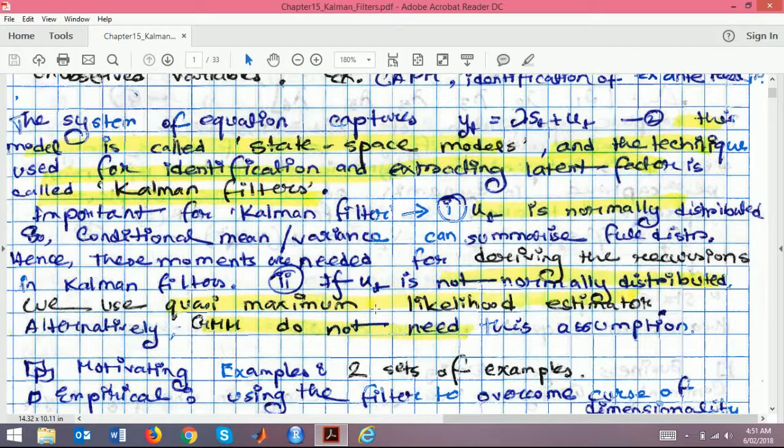So we need to estimate the conditional mean and conditional variance for the recursion of the Kalman filter algorithm. If the residual is not normally distributed, we use quasi-maximum likelihood estimators. Alternatively, GMM. In case of using GMM, we do not need this assumption at all, because GMM by default gives us means and variances.